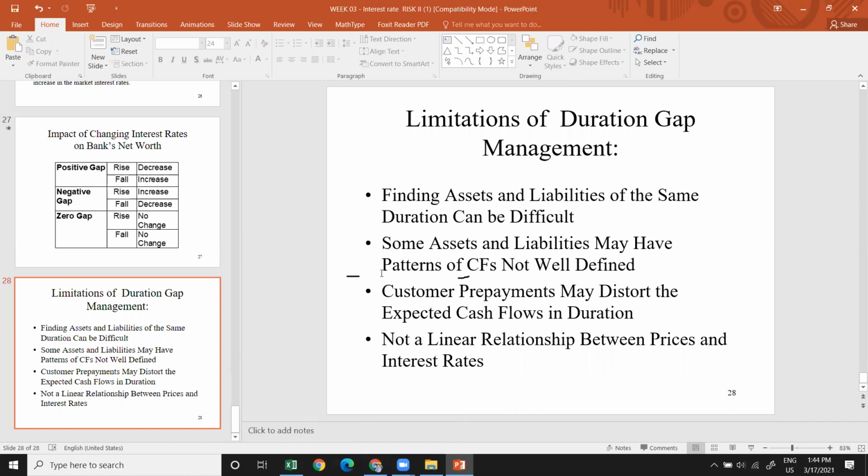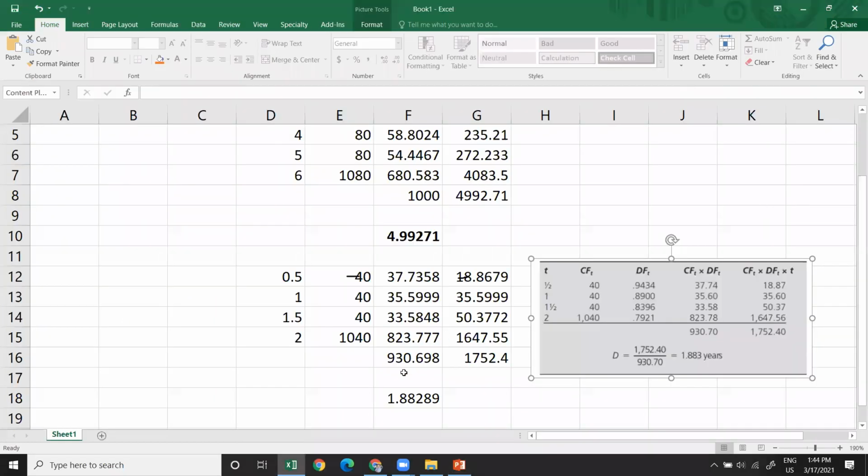There are some limitations of duration gap management. I'm not going to go over them, but there are some pitfalls, but still it's better than using the rate sensitive assets or the sensitivity changes. So I'd like to open the book now.